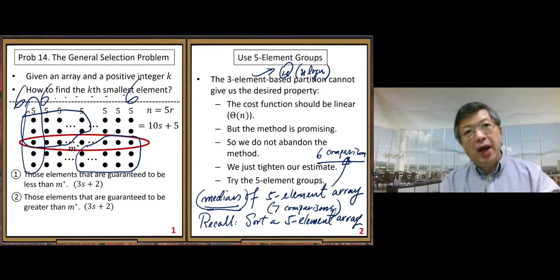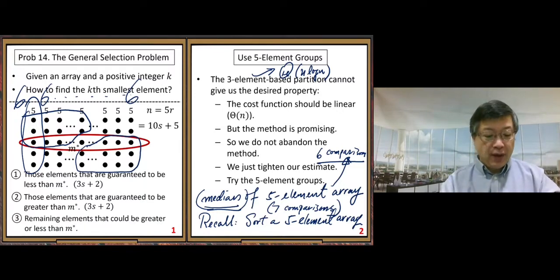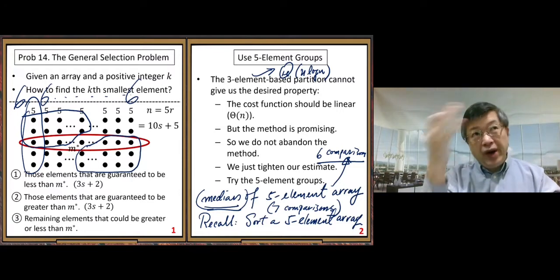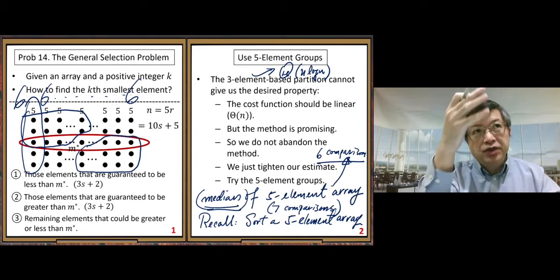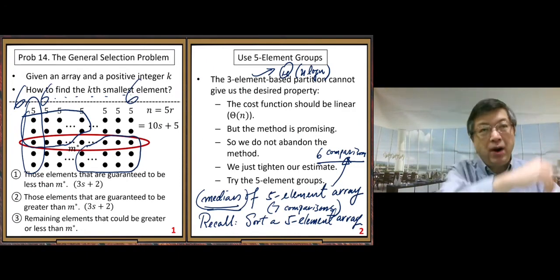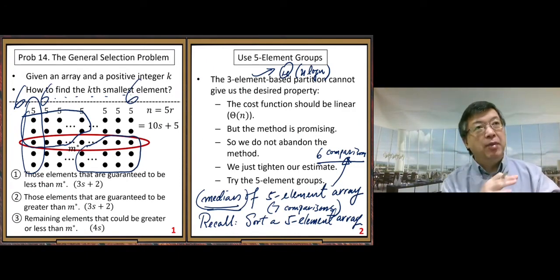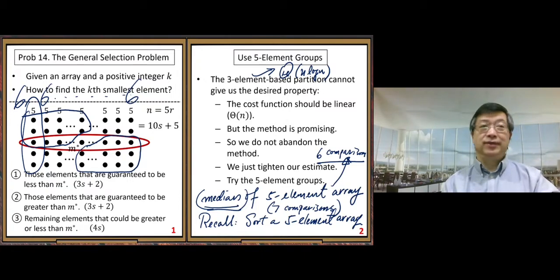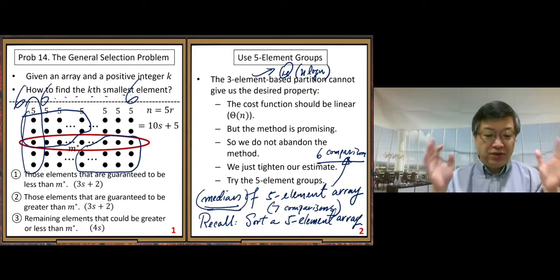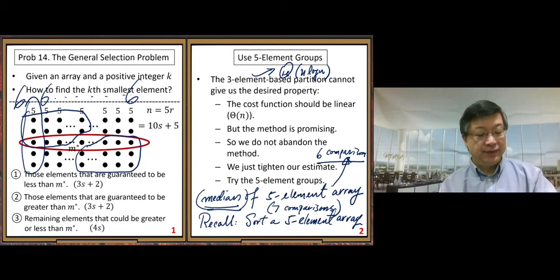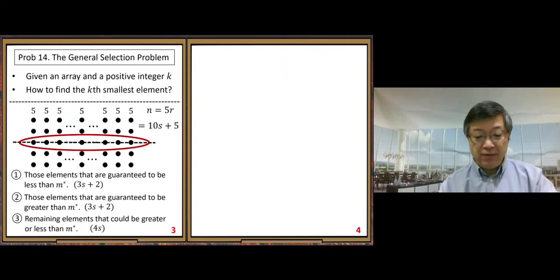Then the remaining elements, we don't know whether greater or less, but if we do more comparisons, we can get that part. These elements number 4s. So you can see we just repeat the 3-element partition, but using the 5-element group setting, similar to the previous case.